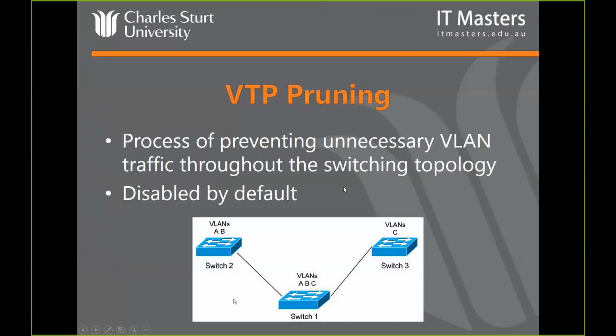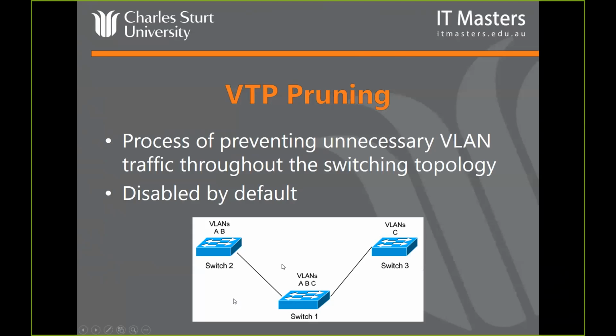So say for example here we have switch 1 which has VLANs A, B and C, switch 2 has VLANs A and B, and switch 3 has VLAN C. In this case, if there was traffic for VLAN A and B, then switch 1 would not let it transit across this link because there's nothing on VLAN A and B on that switch. Similarly, going this way, it wouldn't propagate any traffic for VLAN C.